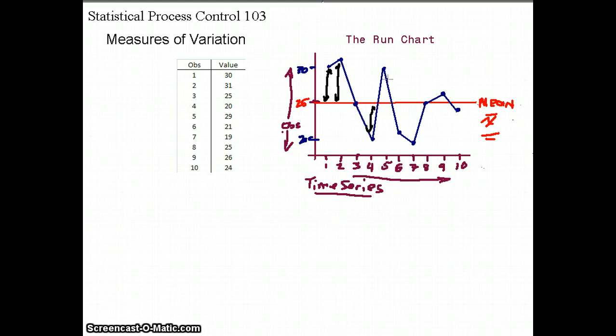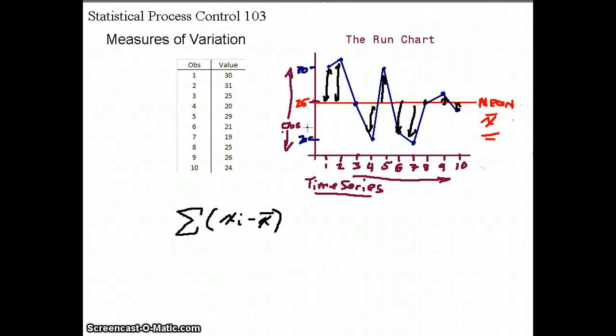Well, what if we just took all of these distances from the mean and summed them up? So we use this sigma, meaning the sum of all x sub i minus the mean, x bar. What would be the problem with this statistic?